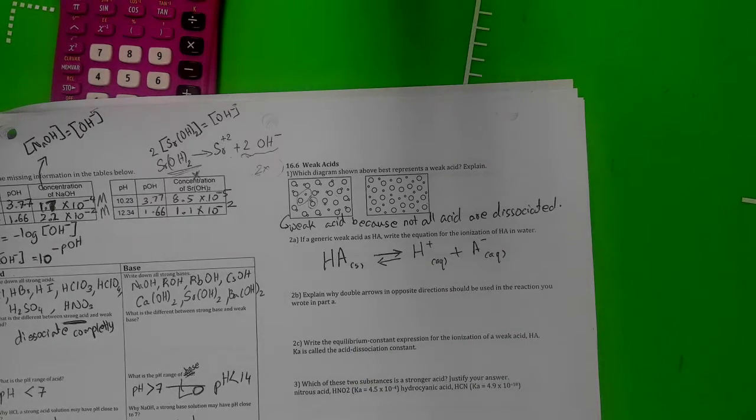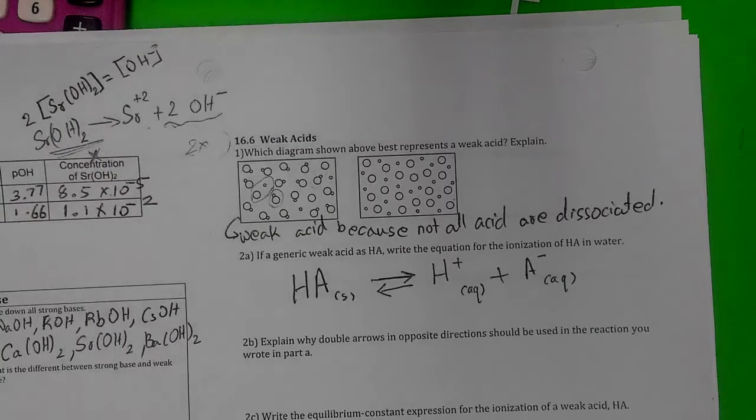Strong acid is not reversed. Strong acid, don't do that reverse arrow or you will not get the point. Got it? They can't turn back to their original.